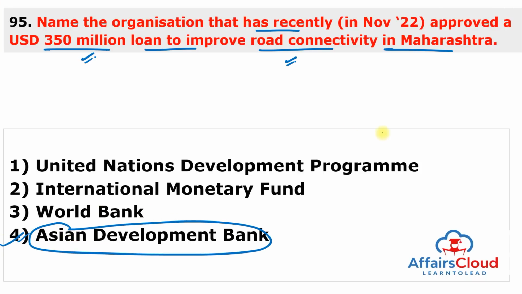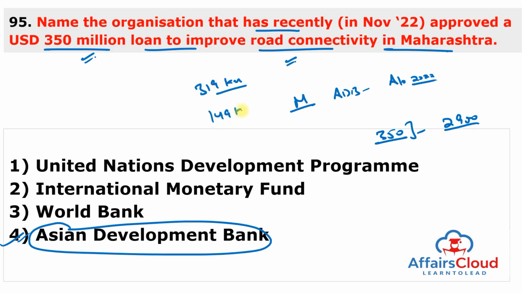So ADB, a multilateral funding agency, approved a $350 million loan or almost 2,900 crore to improve the road connectivity of the key economic areas in Maharashtra, and the roads will be built under the Maharashtra State Road Improvement Project approved by the Asian Development Bank in April 2020 to upgrade the state highways and the major district roads of Maharashtra. And under this project, around 319 kilometers of the state highways and 149 kilometers of the district road will be upgraded, incorporating climate and disaster resilient features.